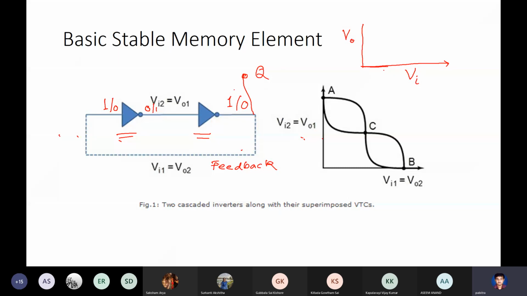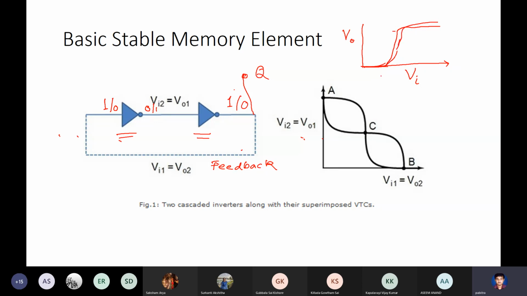Then I start applying an input voltage. As the input voltage changes to a high value, what happens? The output voltage will slowly change.